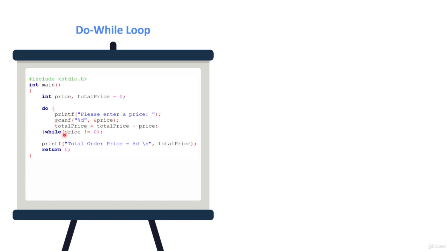Then we are going to check the condition, and if the condition is true, we are going to run it once again, and if it is false, we are going to step out of this loop and proceed with this line. So pretty simple. We run the commands regardless of the condition, and then we check the condition and run the iterations over and over again, just like using the standard while loop that we've seen previously.